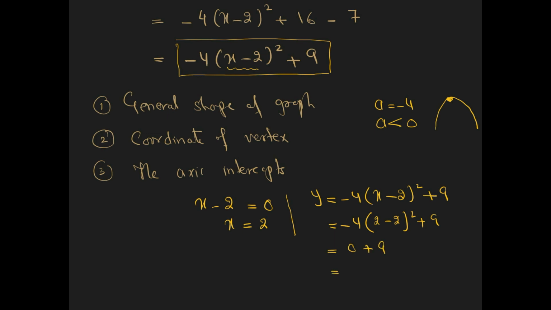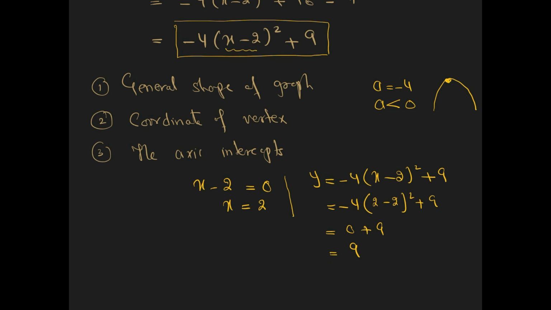So, y is equal to 9. Therefore, the coordinates of the vertex are x is 2 and y is 9. You can see how simply we can work out the coordinates of the vertex from the completed square form of this quadratic function. In simple words, this is the y coordinate, and from here you can get the x coordinate.